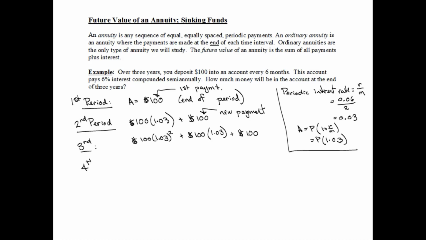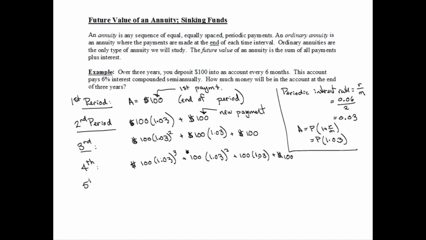Now we move to the fourth compounding period. Each of our amounts will get multiplied by 1.03. So that gives me 100, and now I'm going to have my 1.03 cubed because it got multiplied by 1.03 again. The second term, I will now have 1.03 squared. And the third term, well, I'll have my 1.03. And then I will tack on my next payment.